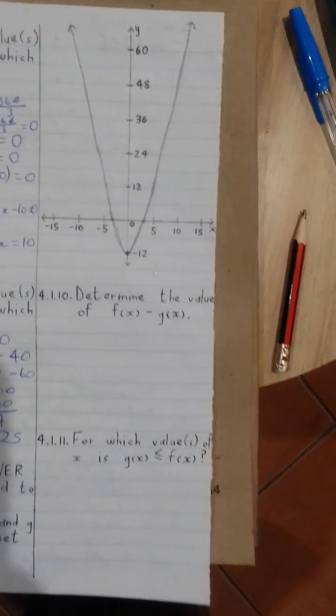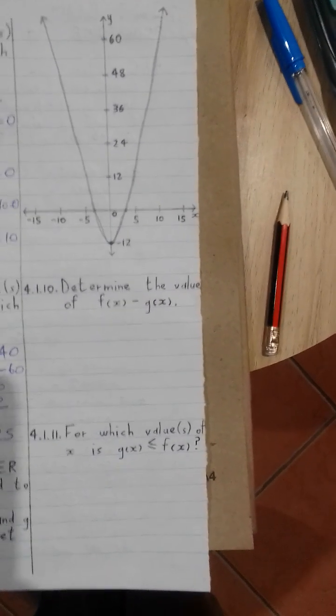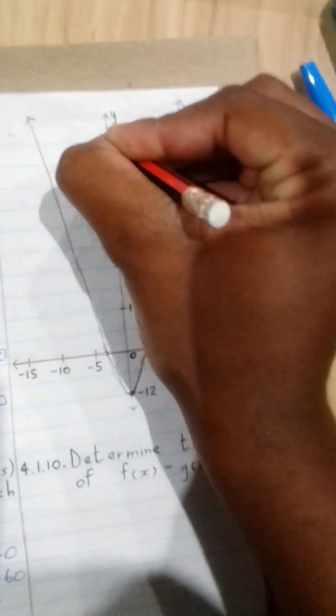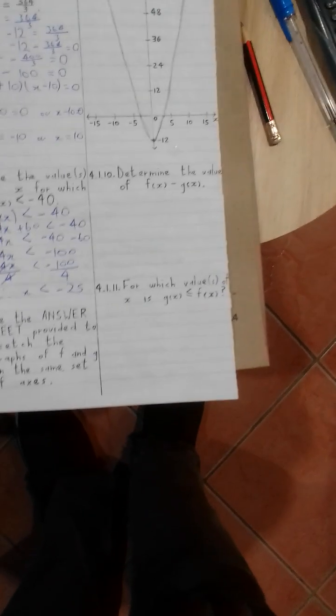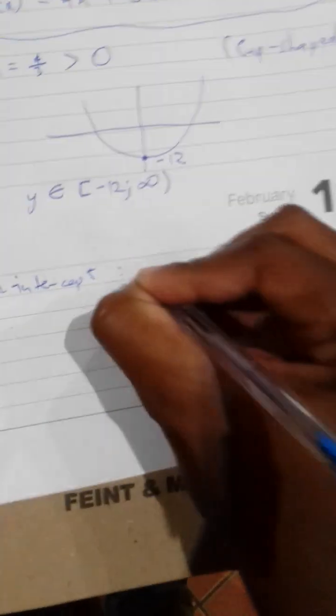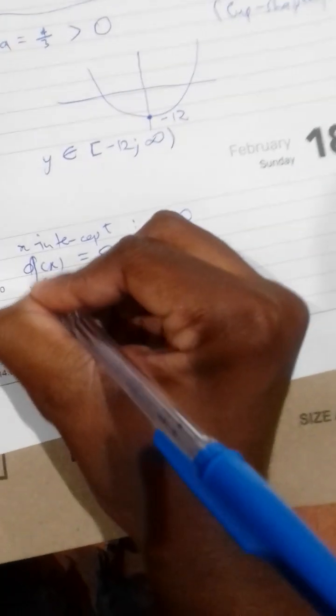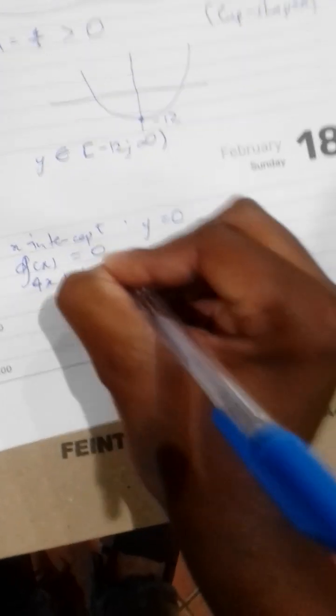So that's the parabola. For the straight line graph, we know that the y-intercept is here, 60. x is 0 and y is 60. Although we are not told that we have to calculate the x-intercept, I'm just going to do it. For the x-intercept, y is 0. So g of x is 0. 4x plus 60 is 0.